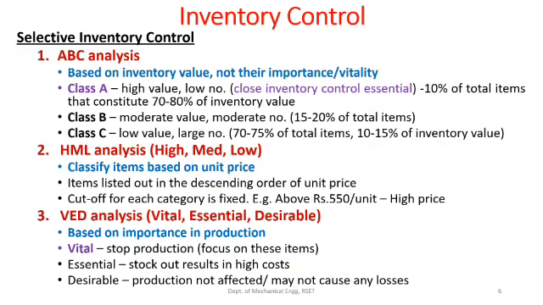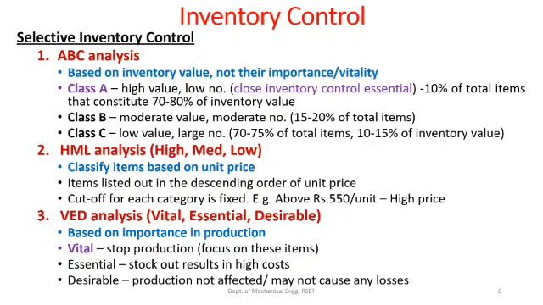The third selective inventory control technique is VED analysis, and this is purely based upon the importance of an item for the productive purpose. Okay, so VED stands for vital, essential and desirable items. You classify them based upon their importance to the production purpose as vital items, essential items and desirable items.